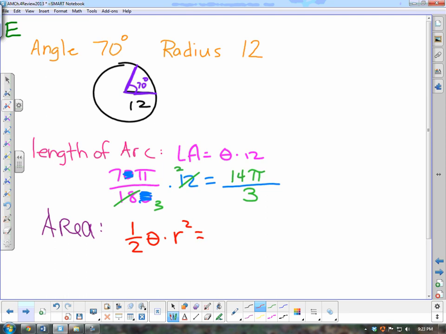And then that would be 1/2 times 7 pi over 18 times 12 squared. And you would get 28 pi for your answer. And that would be in square units. And this would be in just straight up units.